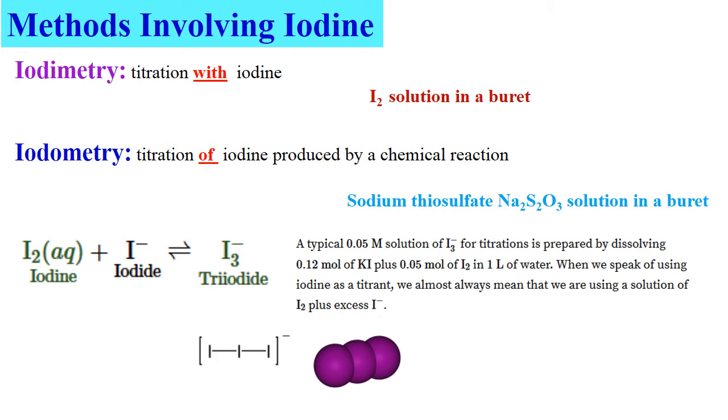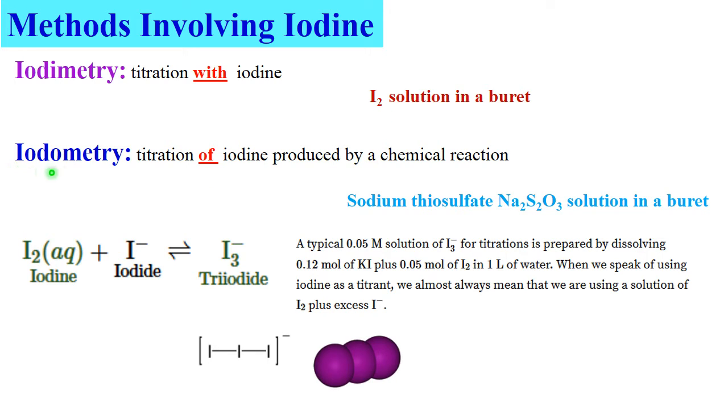There are two different approaches involving iodine. First is iodimetry, titration with iodine solution. So you have your iodine solution in a burette and titrate some species that will react with iodine.